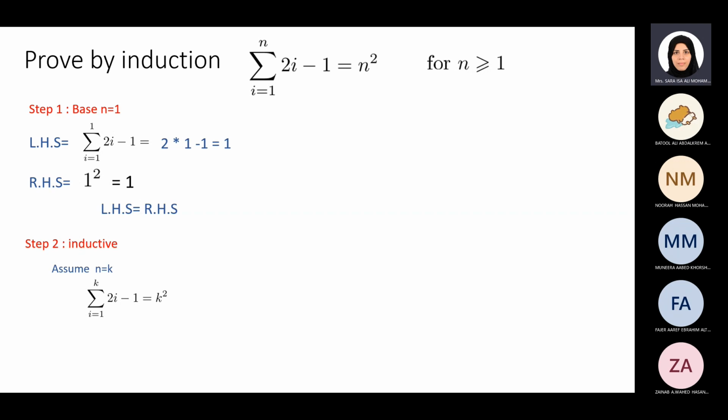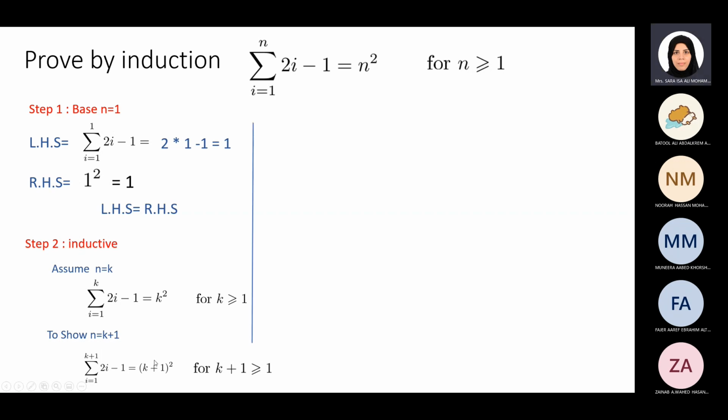My goal is to show that it's also true when n is equal to k plus 1. So my goal is to show that the summation from i equals 1 to k plus 1 of the term 2i minus 1 is equal to k plus 1 squared. Now, my goal is to show this, so I have to prove this.